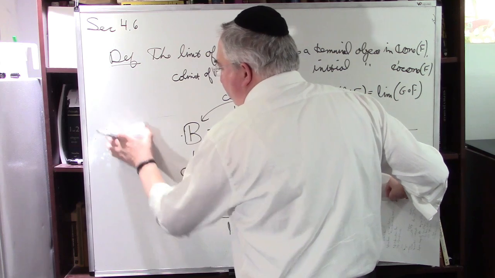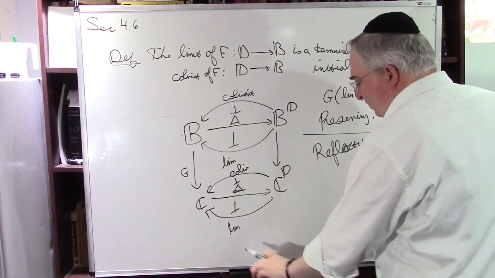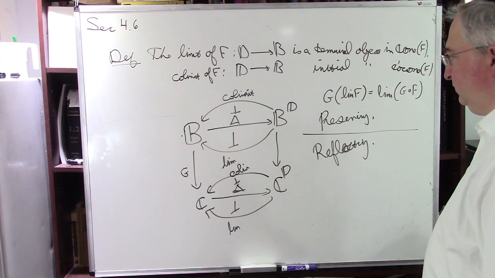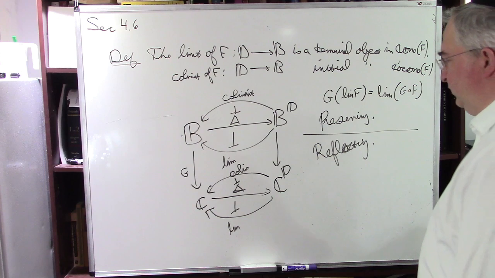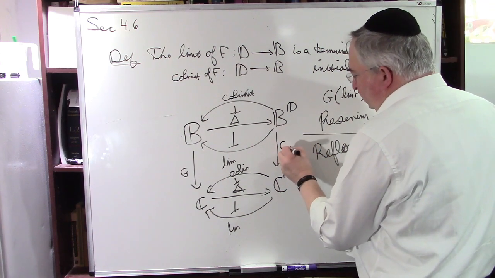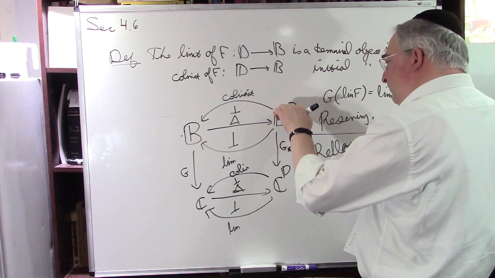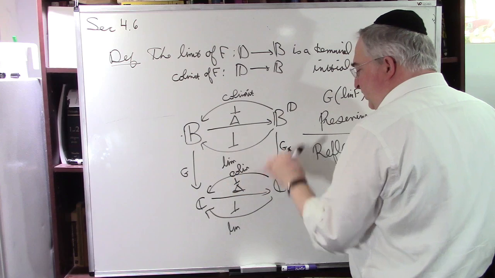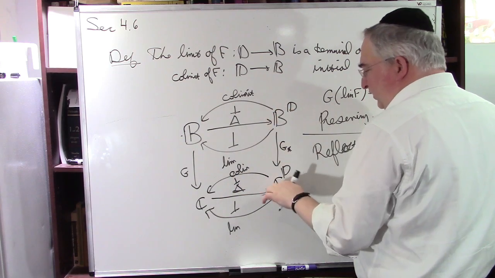I'm sorry, this is not in the book, but it can be easily worked out. This is G lower star. So if I have a functor from D to B, and I follow that from B to C, I get a functor from D to C.